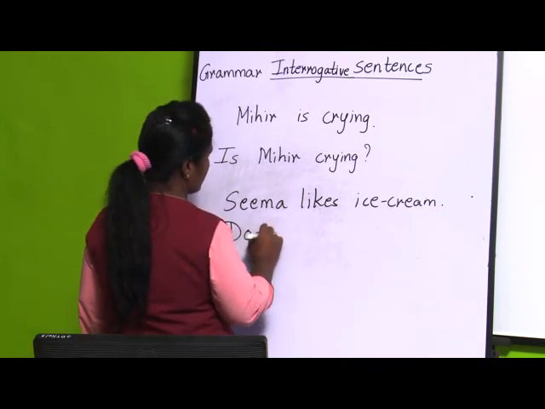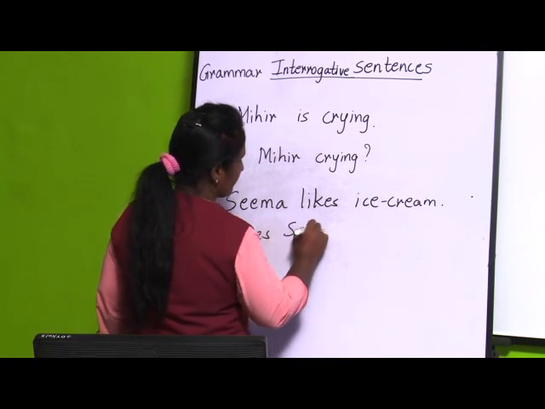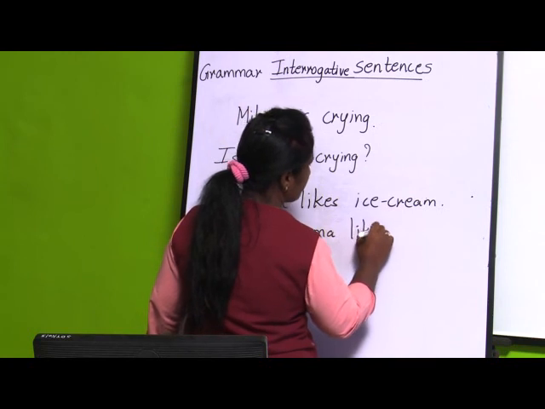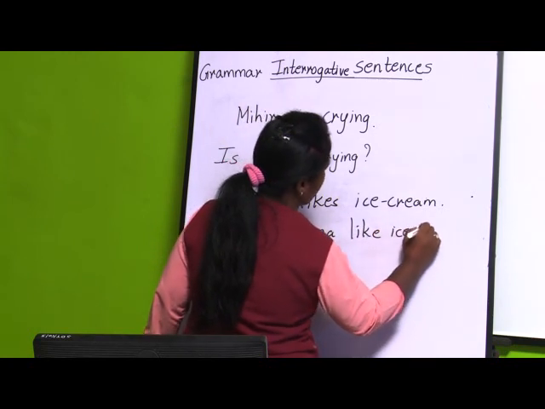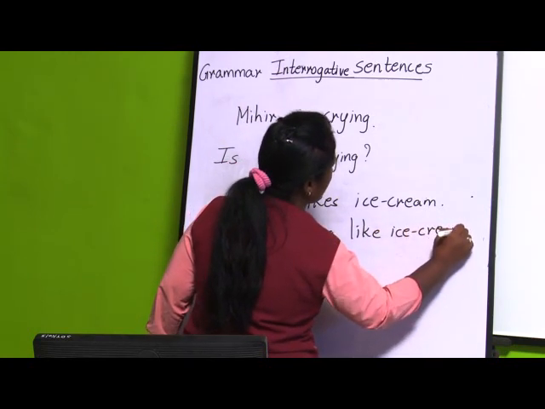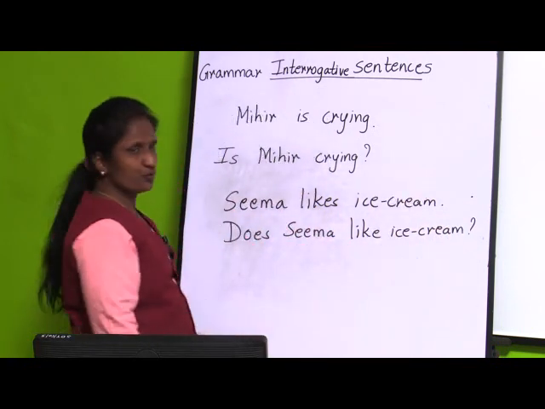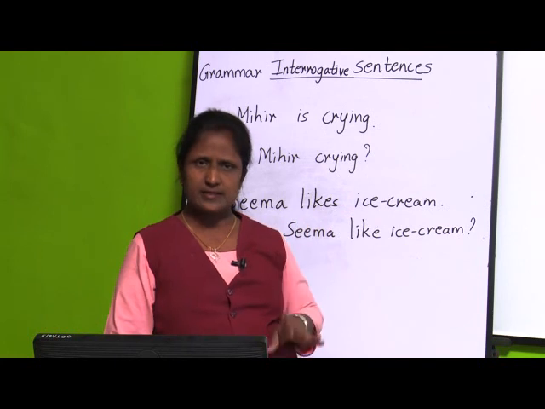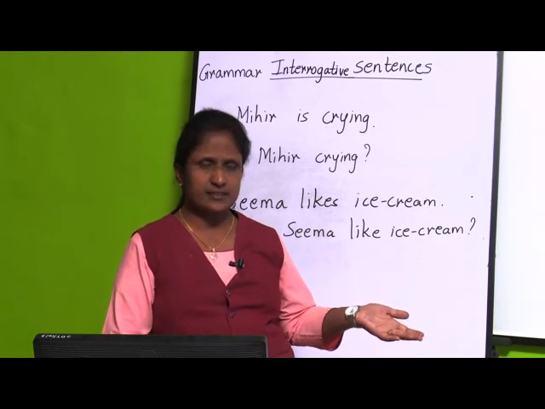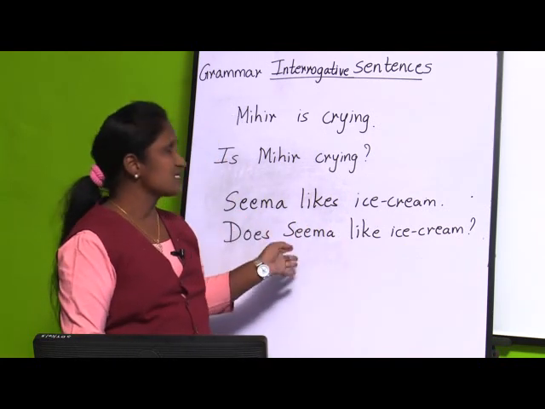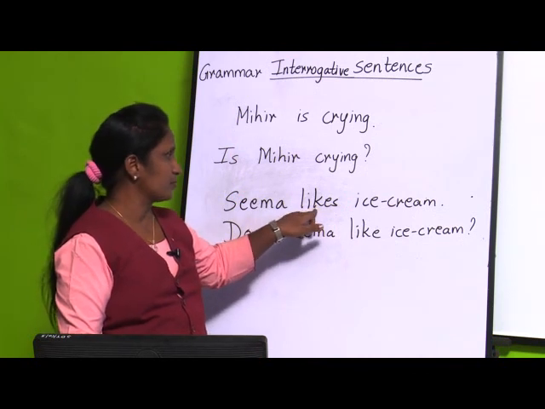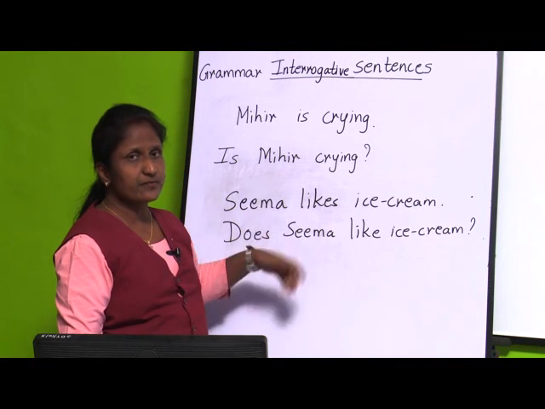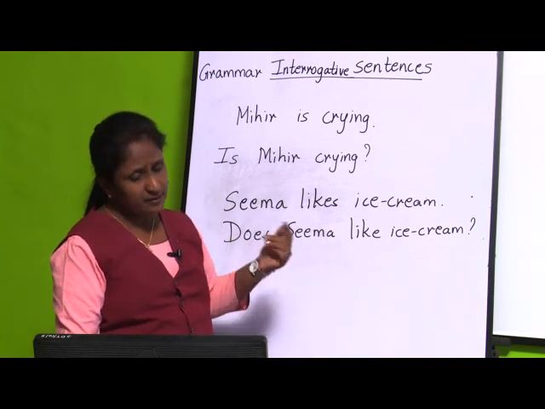Now only the word does will come, and instead of likes, it will be like. In this way you will form the interrogative sentence. You will use do or does for the simple present tense, the same as in the negative sentence.